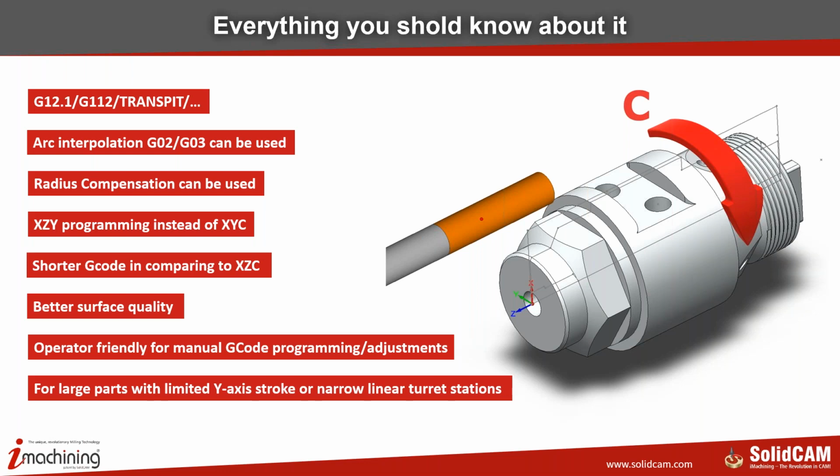Okay. Now, the question is why the operators don't simply write the X, Z, C axis as it is, and they will receive everything. Now, the problem is that X, Z, C coordinates are pretty hard to calculate for each point.